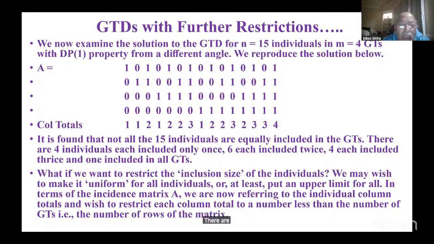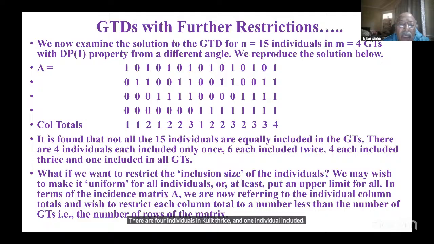There are 4 individuals, each included only once. And there are 6 individuals, each included twice. There are 4 individuals, each included thrice, and 1 individual included 4 times.